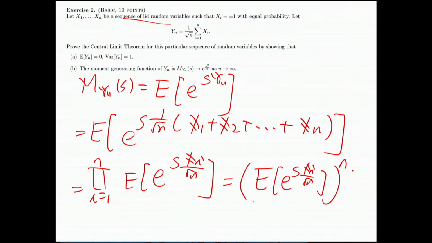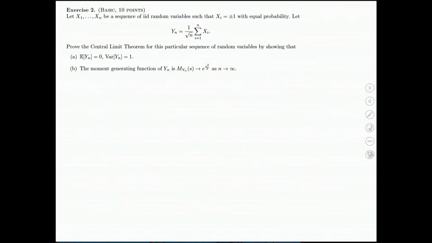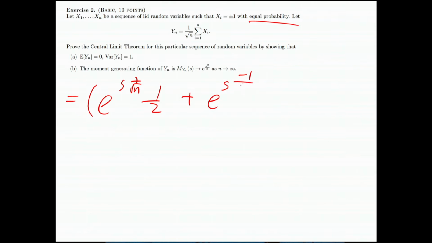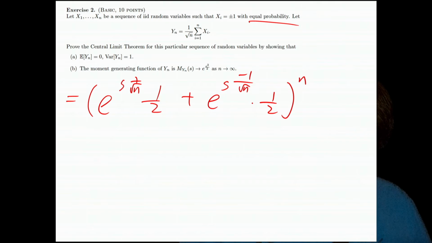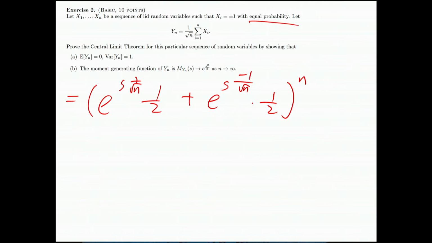And now we want to find the expectation. The expectation is with equal probability. Now we take 1/2 to the n outside, and for this one we use Taylor expansion.